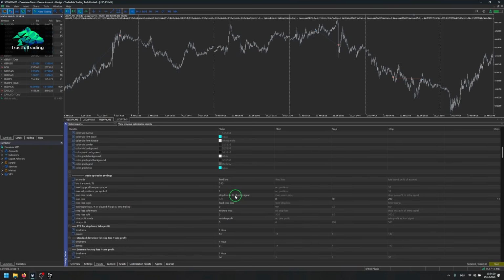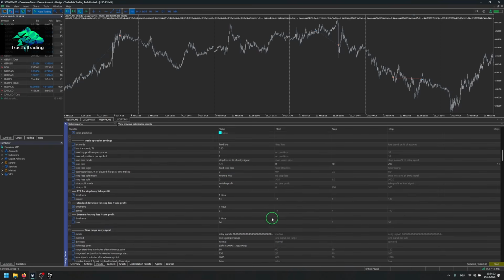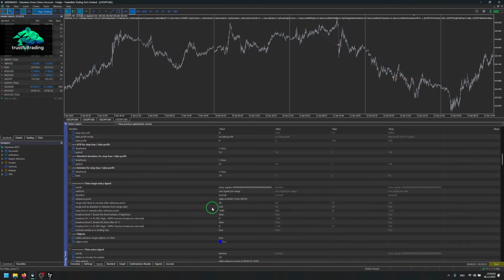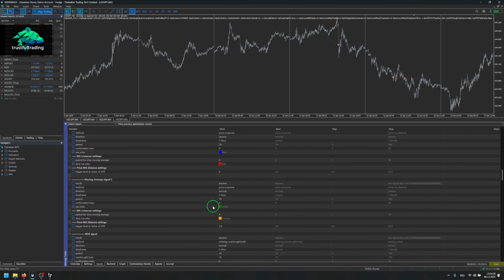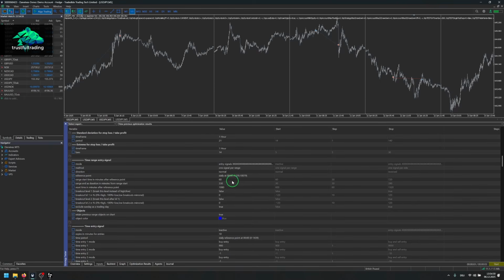So we can optimize the stop loss here. We can optimize maybe the time settings for the start and duration of the range.